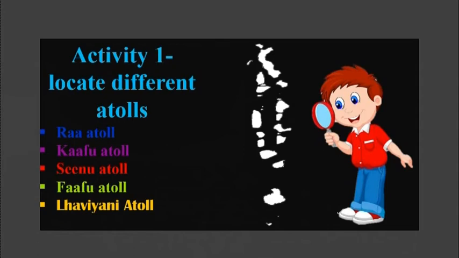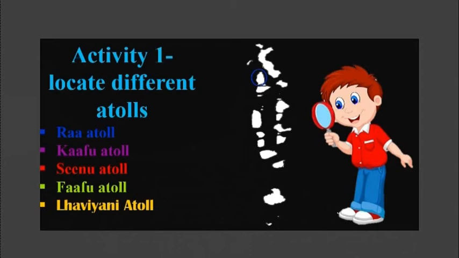Where do you think Ra Atoll will be? Yes, correct. So now we are going to circle that Ra Atoll. What color will we use to color the Ra Atoll? Yes, we will use blue color. And what about Kaf Atoll? Which color will we use to find out the Kaf Atoll?